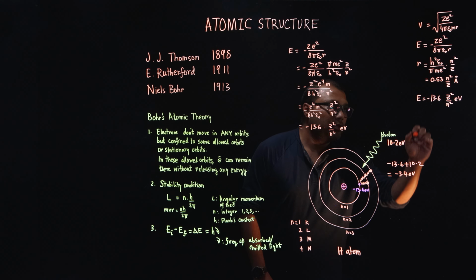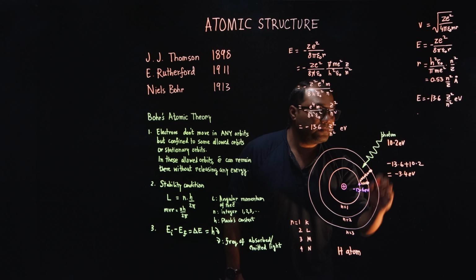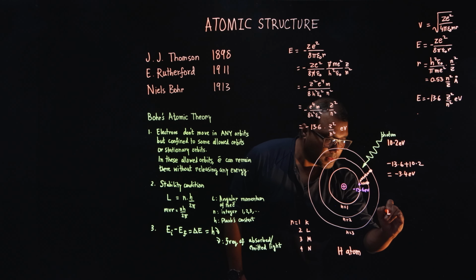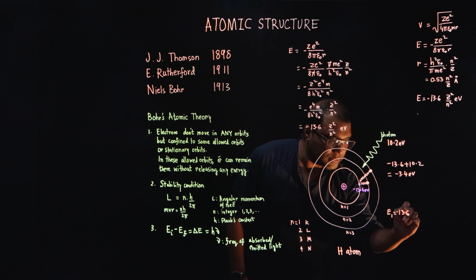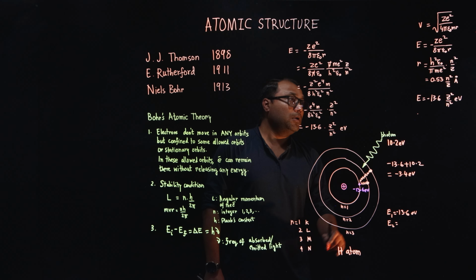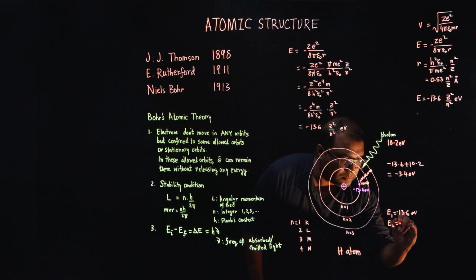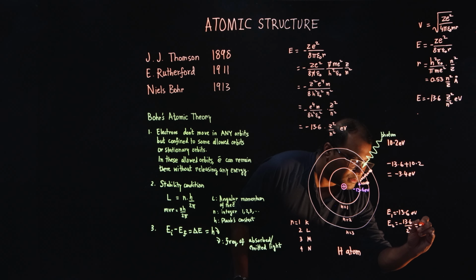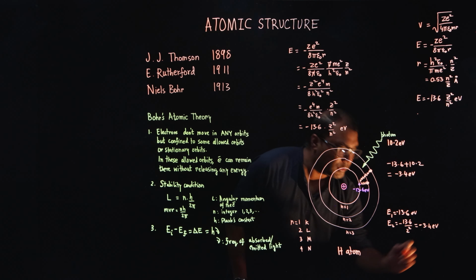Now, does this correspond to any of the higher energy levels? Let's find that out. So we know E1 is minus 13.6 electron volt. E2 will be how much? Z is 1 for hydrogen divided by 2 square, right? So minus 13.6 divided by 2 square, which is minus 3.4 electron volt.